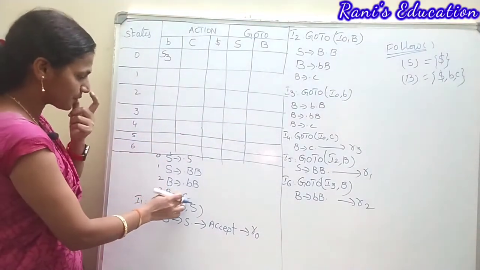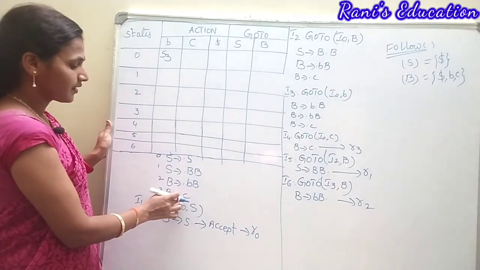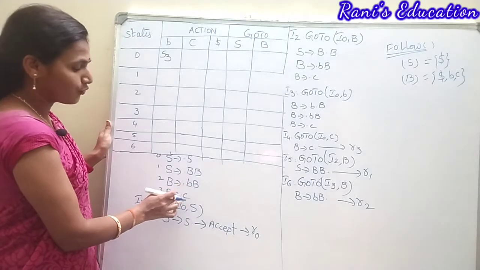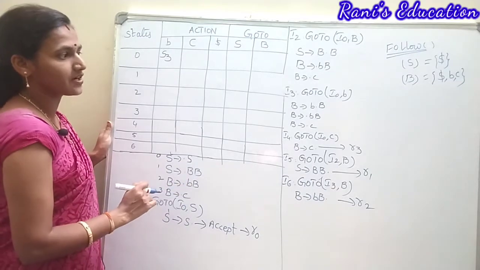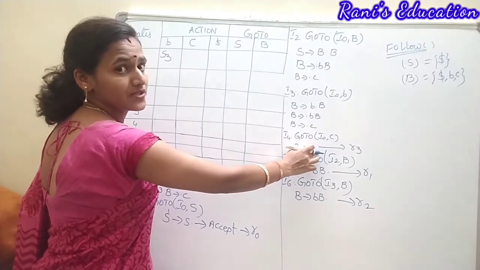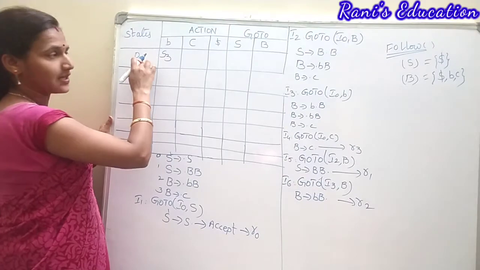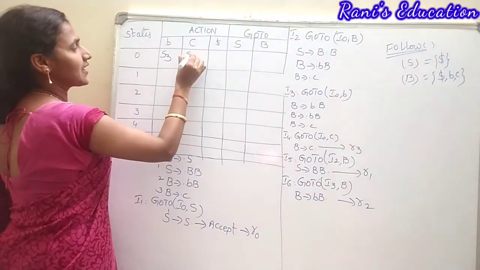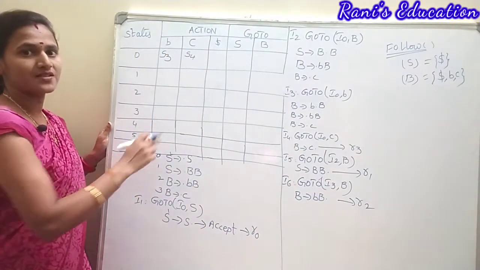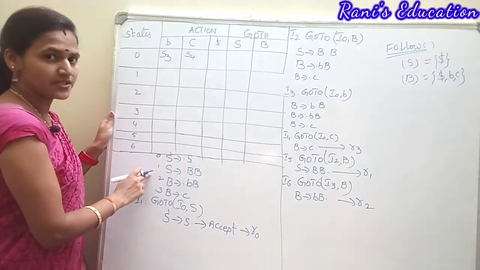Now move on to the next production which contains a terminal at the start of the production. Here C, where dot C is shifted to C dot in the fourth production, right? Here C is the terminal. So under C for the 0th item, you are going to use shift action, that is S4.